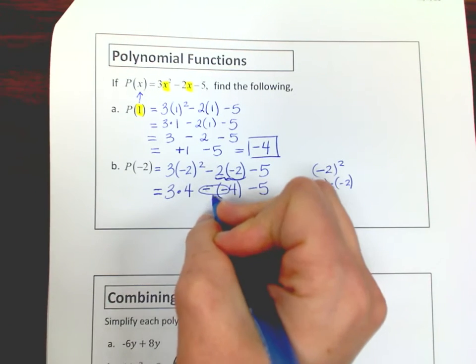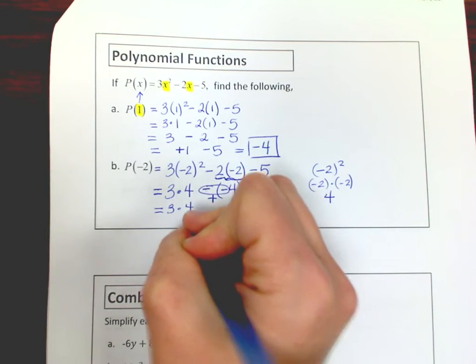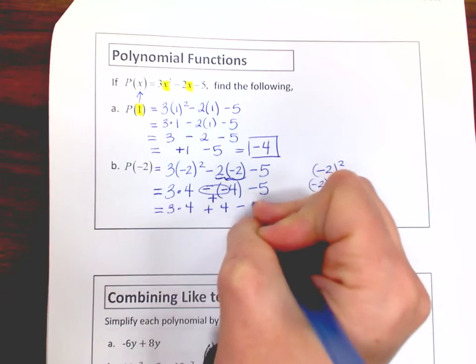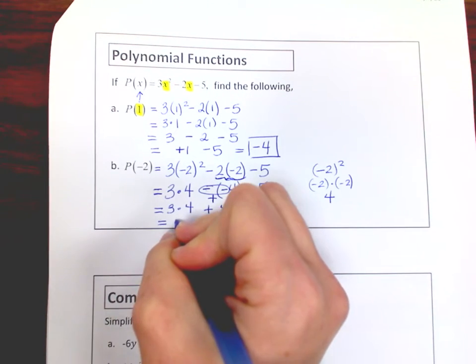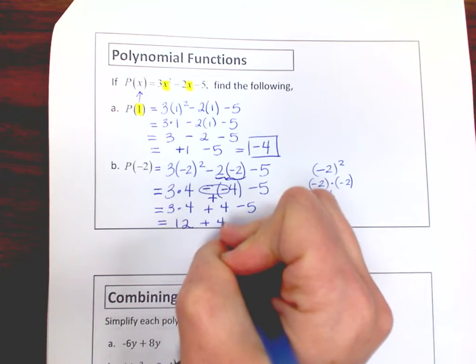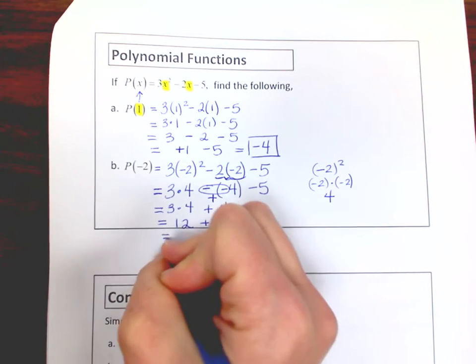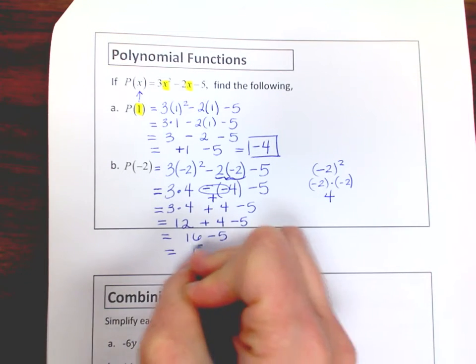Subtracting a negative, same thing as adding. Okay, so what we really have is 3 times 4 plus 4 minus 5. And we're going to go ahead and do our multiplication. 3 times 4 is 12. Plus 4 minus 5. 12 plus 4 is 16, and 16 minus 5 is 11.